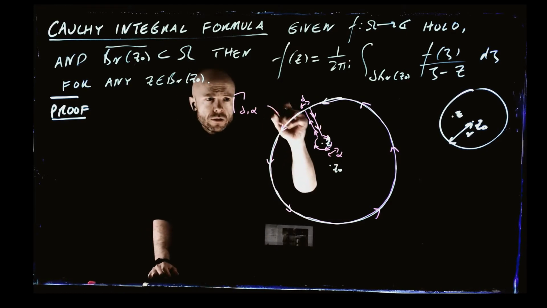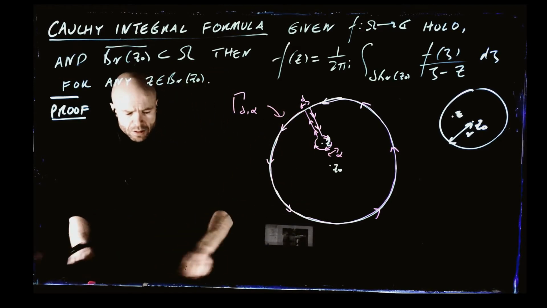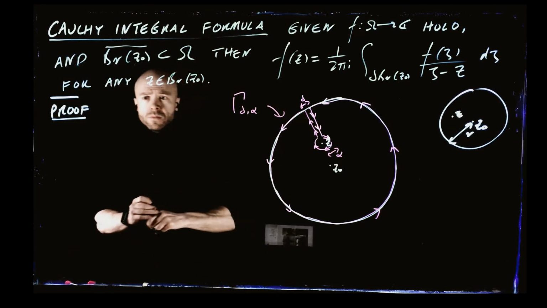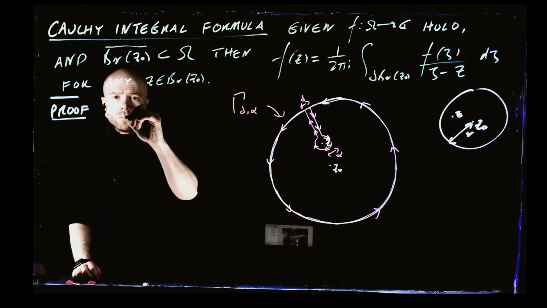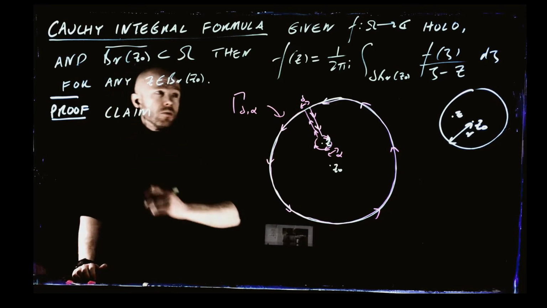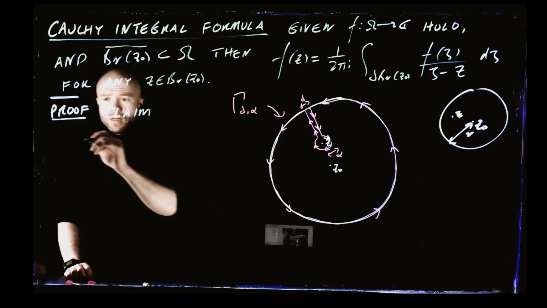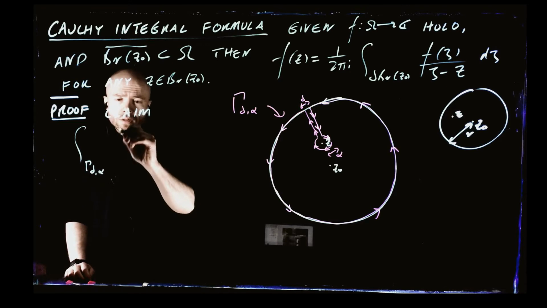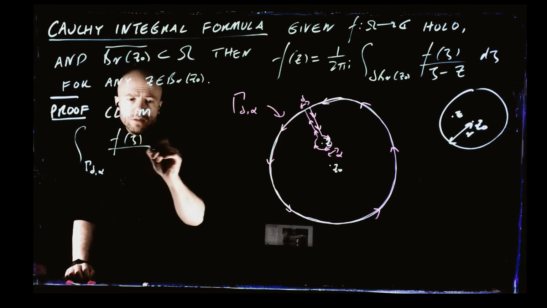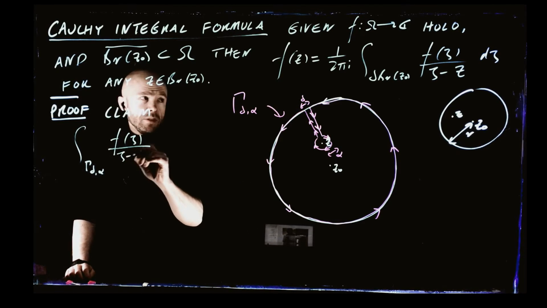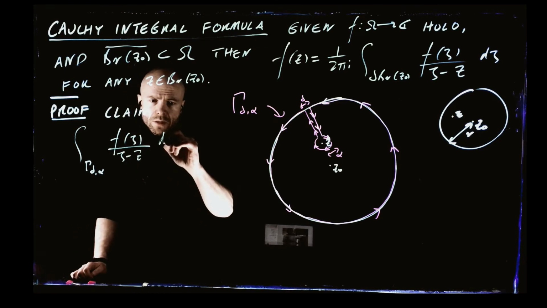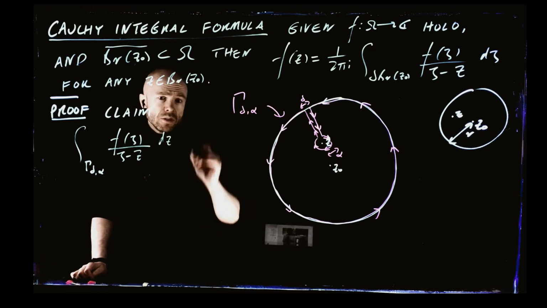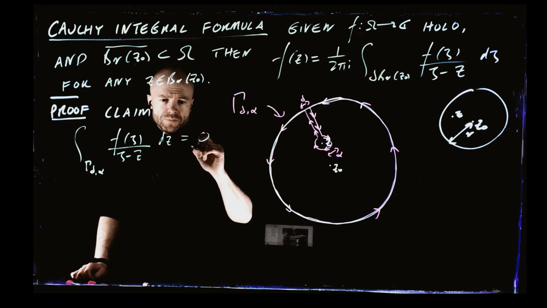This is our keyhole contour. And our first claim is that when we take this function and integrate over the keyhole contour gamma delta alpha, f of zeta over zeta minus z d zeta, this is equal to 0.